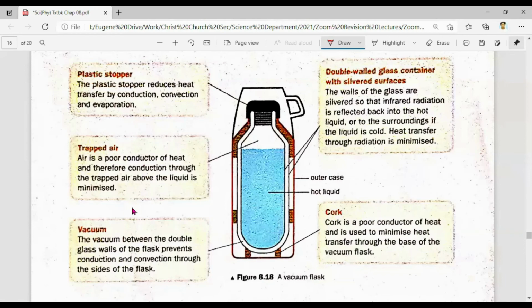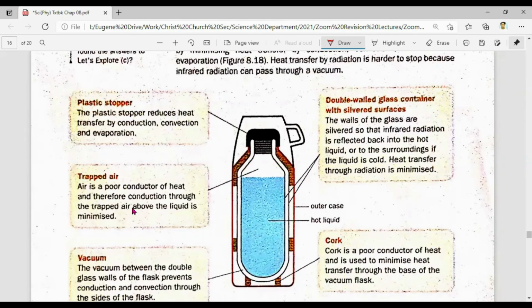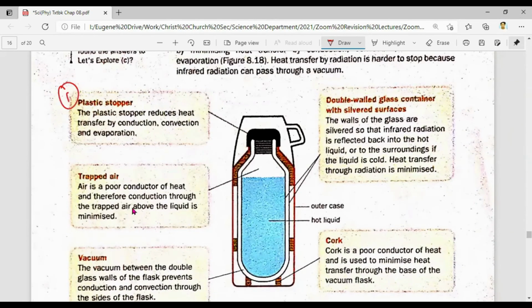Between the silver line walls. So all these little things actually make a difference to the function of the vacuum flask. From the plastic stopper, plastic, key idea, poor conductor of heat. Because it's a poor conductor, it reduces heat transfer by conduction.